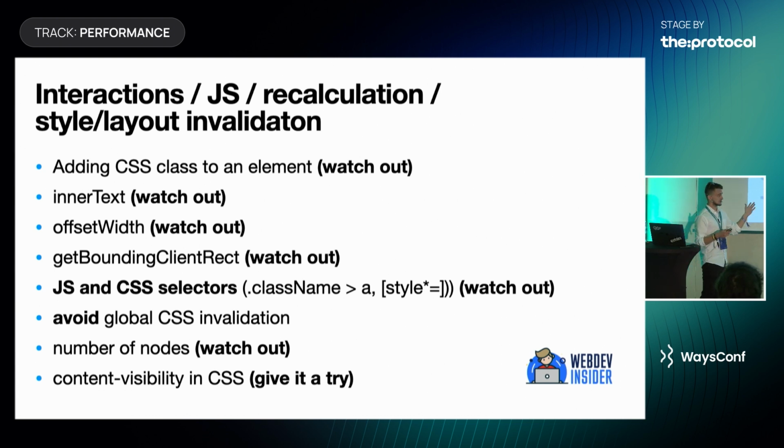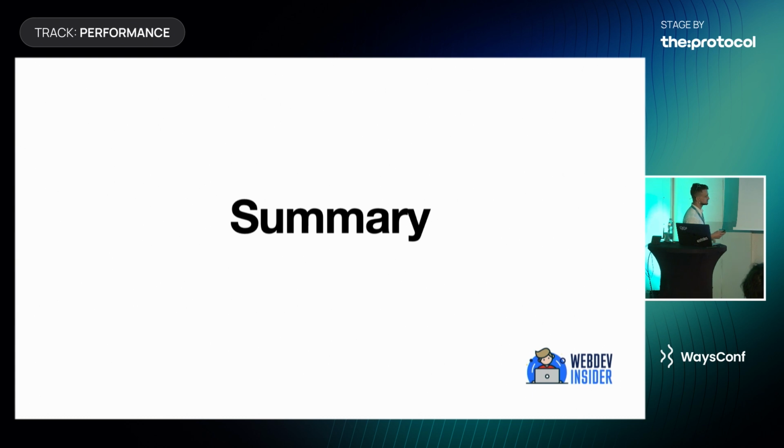With JavaScript and CSS selectors, please watch out how you write them and avoid global invalidation. Content visibility in CSS, for example, is also a good answer because you can skip rendering the elements that are invisible to the user from the very beginning, and show them when the user scrolls down to that particular section.